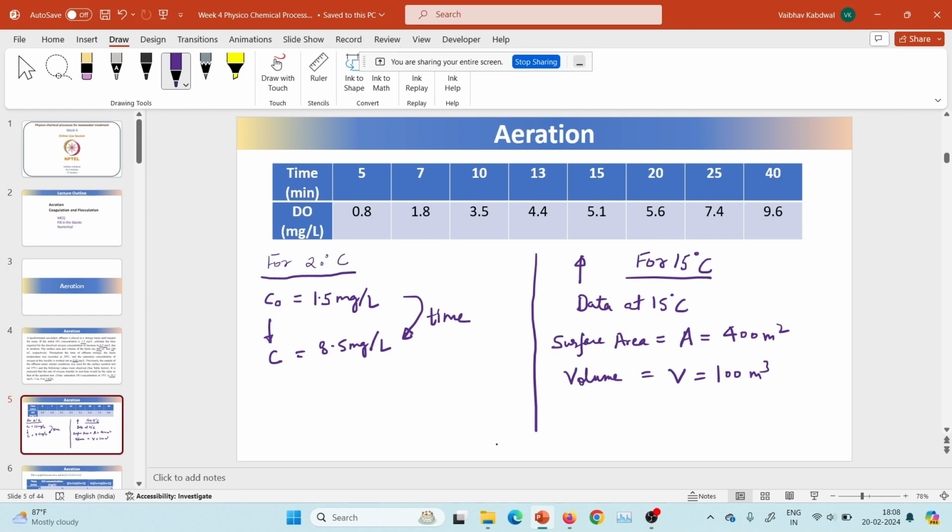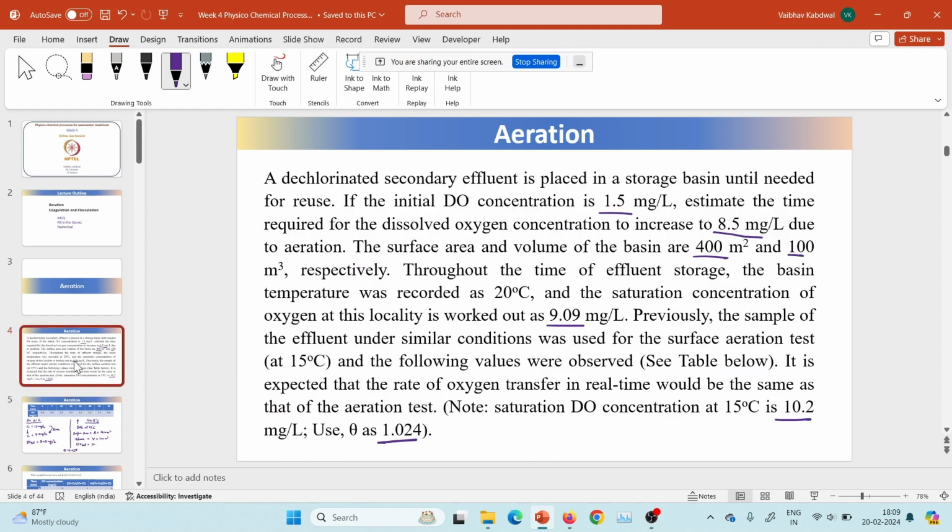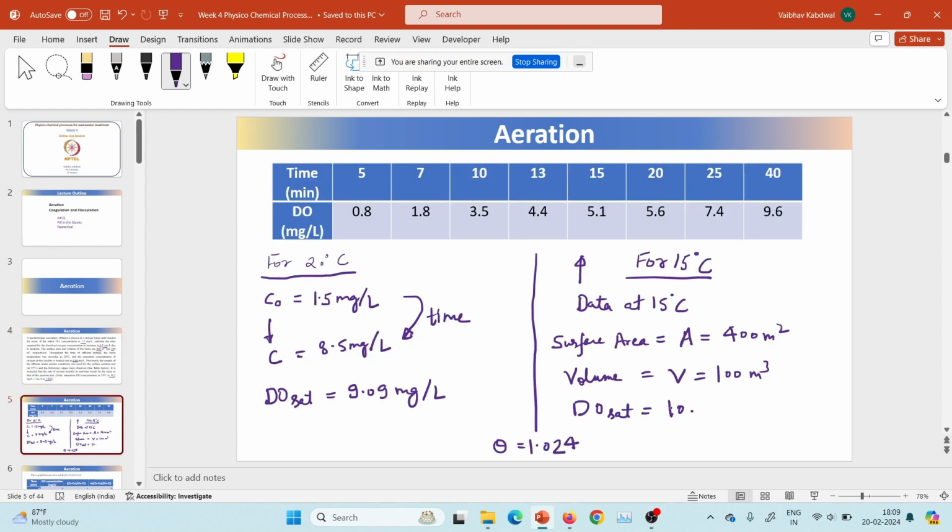So theta will be 1.024, and DO saturated is 9.09 milligram per liter, and DO saturated at 15 degrees, I think, 10 point how much? 10.2 milligram per liter. These are the two sets of data given to us.